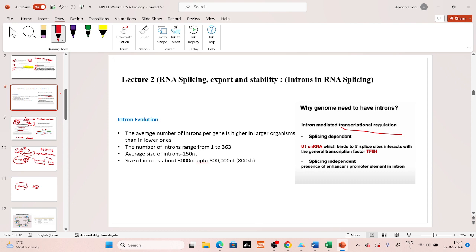Splicing dependent means certain proteins or certain RNAs, certain small nuclear RNAs, which are required for splicing, have some other function also. For example, U1 snRNA. This U1 snRNA is required for splicing.